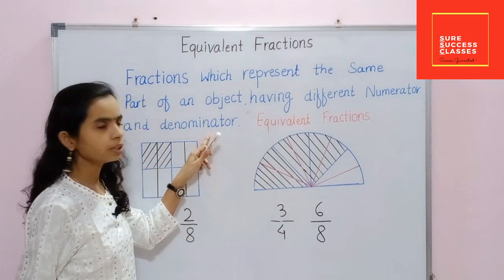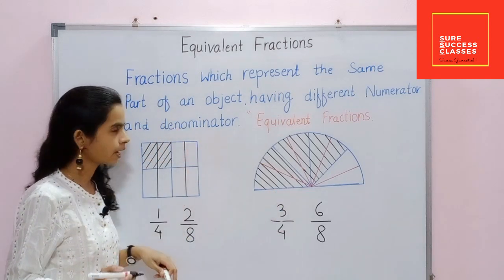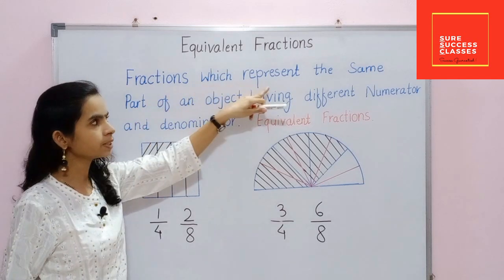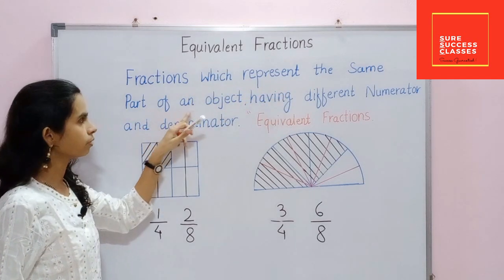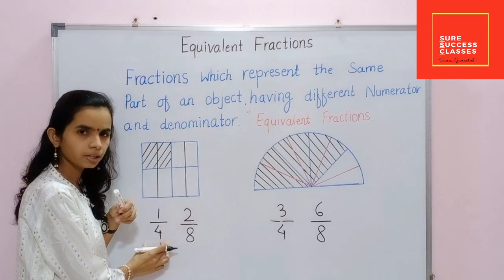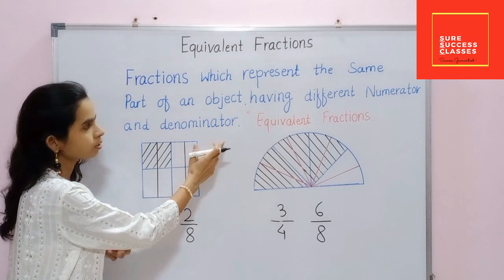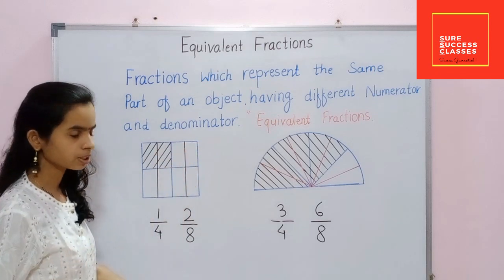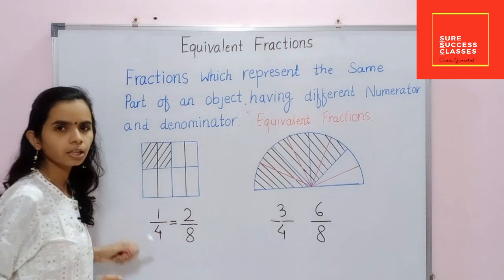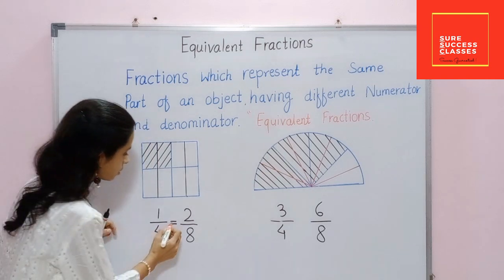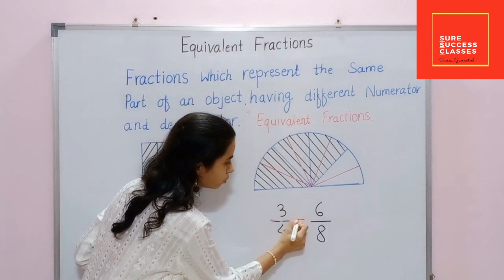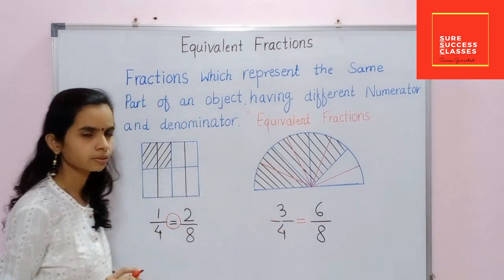And as per the definition, fractions which represent the same part of an object having different numerators and denominators are equivalent fractions. So, we can put here the sign equal to. Keep in mind this sign, and here also we can put the sign equivalent.